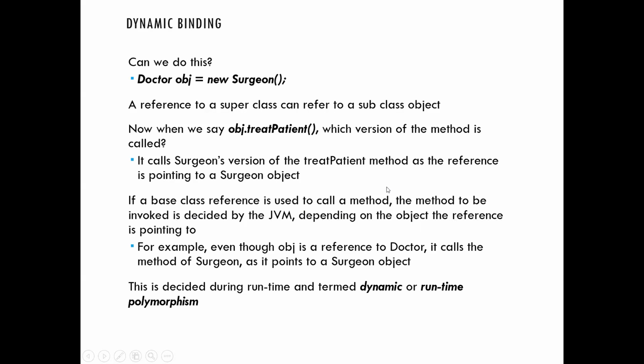That means at runtime it decides which particular method I am supposed to call. So the JVM actually decides. It's called dynamic or runtime polymorphism. So it is another way of polymorphism where which particular method needs to be called, and at what time. Okay.